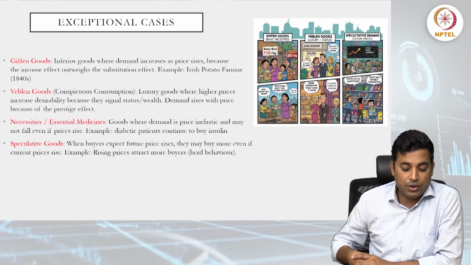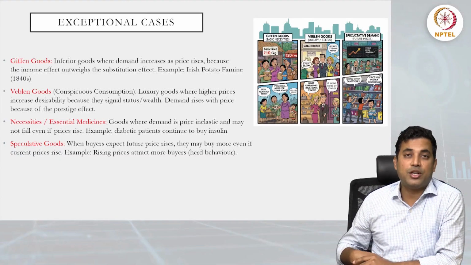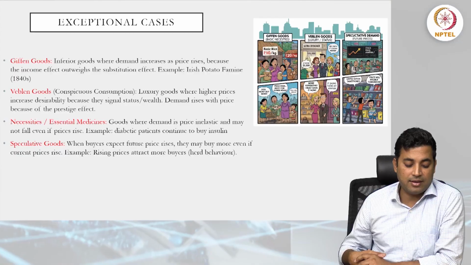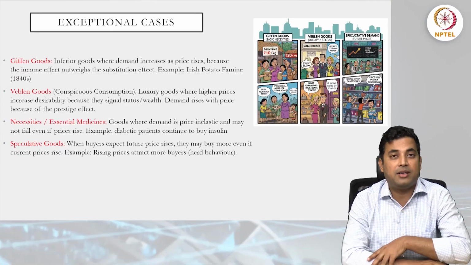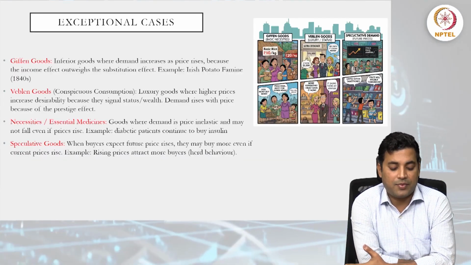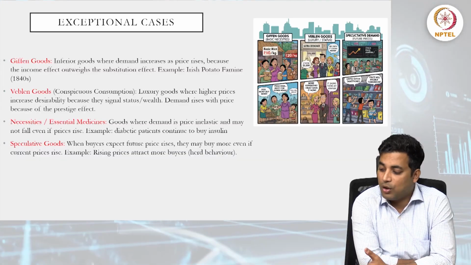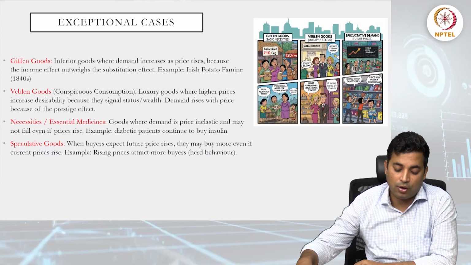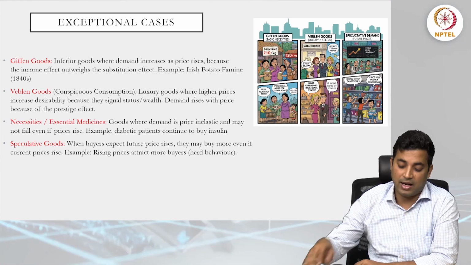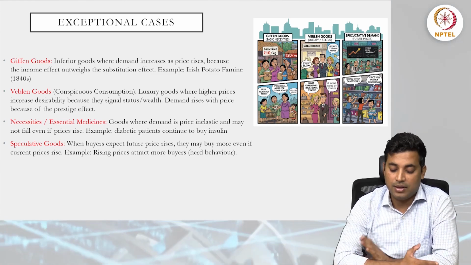In case of Veblen goods, these are luxury goods where higher prices increase desirability because they signal status or wealth, and also the class or the prestige value that we kind of discussed.